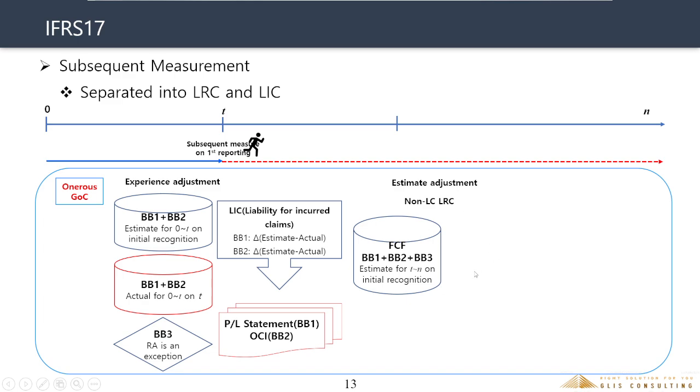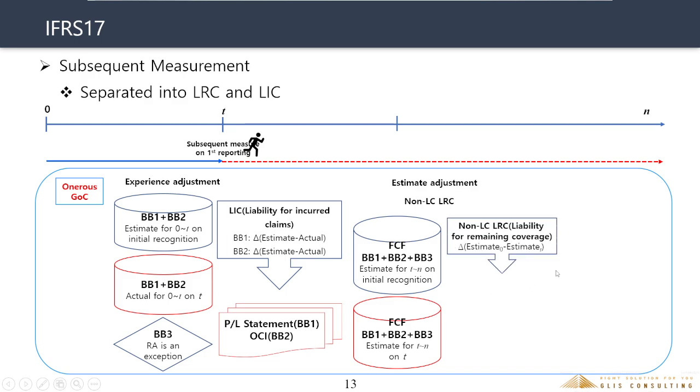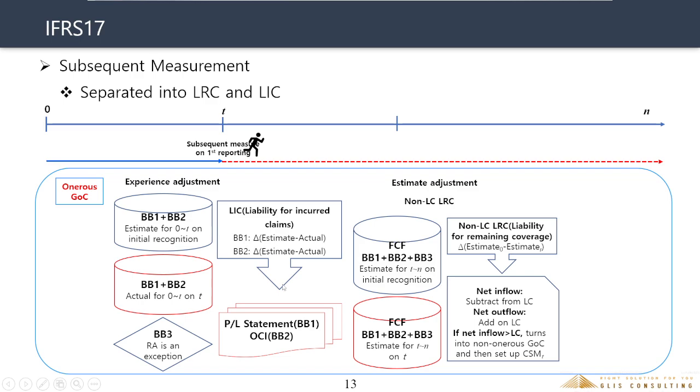In this case, we apply the estimate adjustment accordingly. So for the time between t and n, if there's a change, we put it in, but here for onerous groups of contracts, there is no CSM.